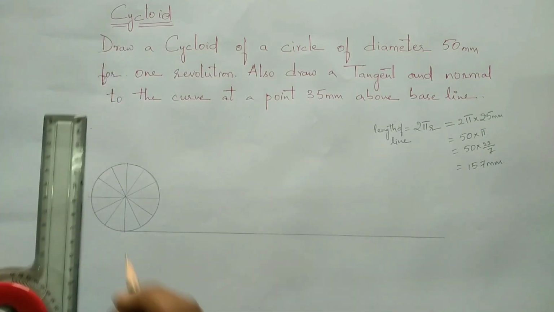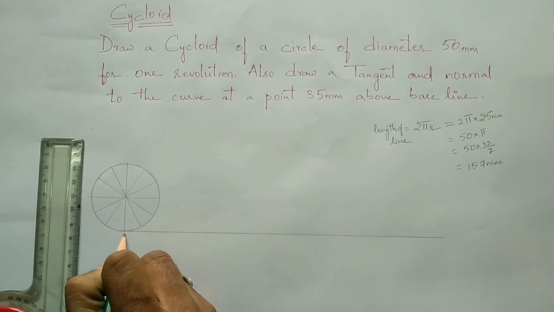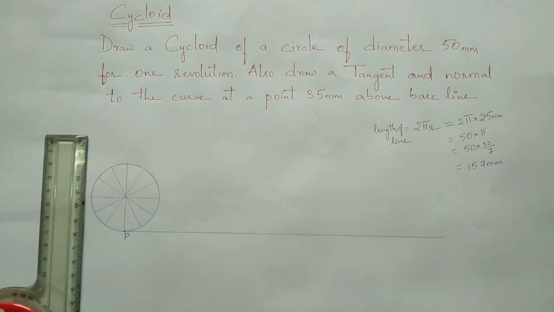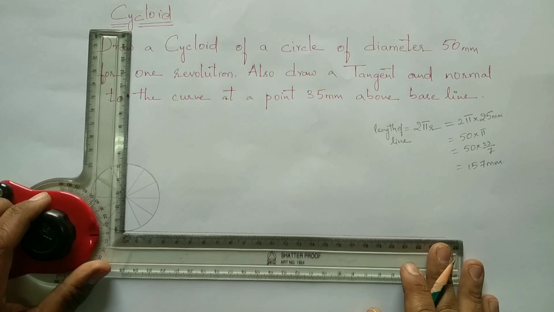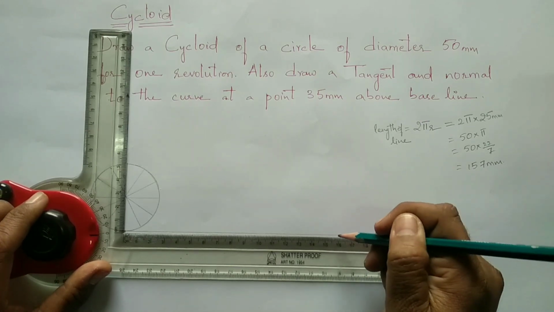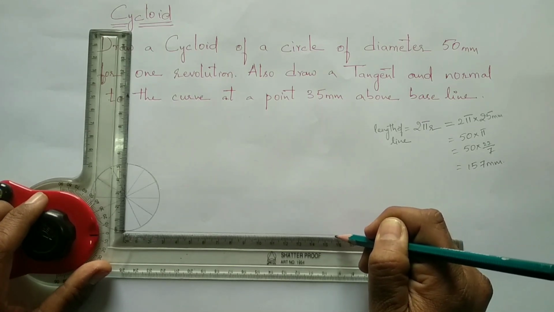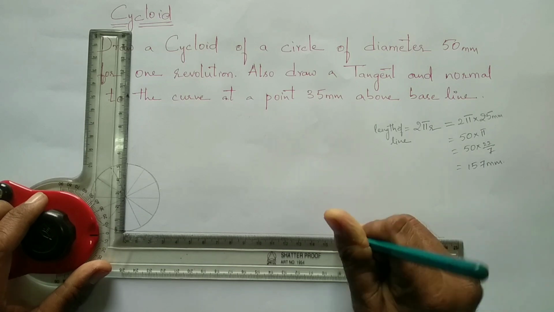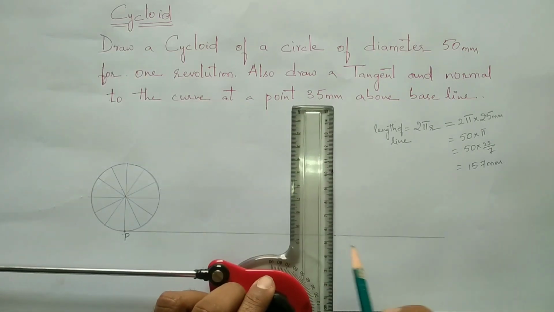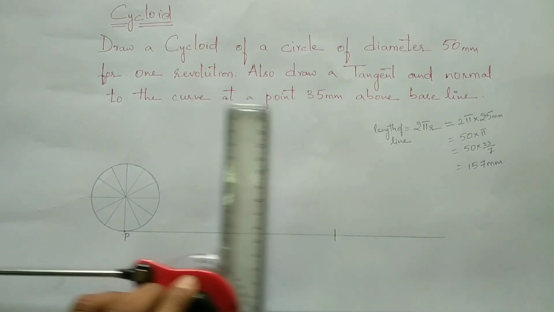Now mark the base point as P. From the point P, measure the length of 157 mm. This is the circumference on the line.